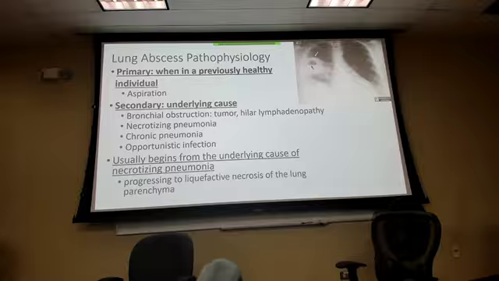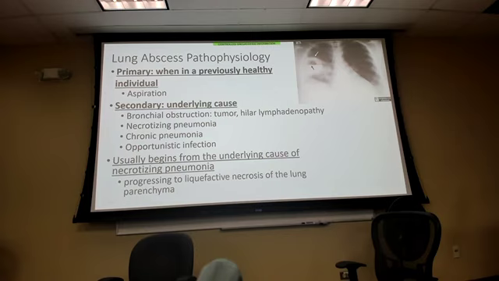How we treat primaries when they're healthy, they don't have any underlying issues, we just do an aspiration. If it's a secondary, so they have an underlying cause, they have a coccidioidomycosis or some other weird systemic thing, some sort of, like the slide says, necrotizing pneumonia, that might change.